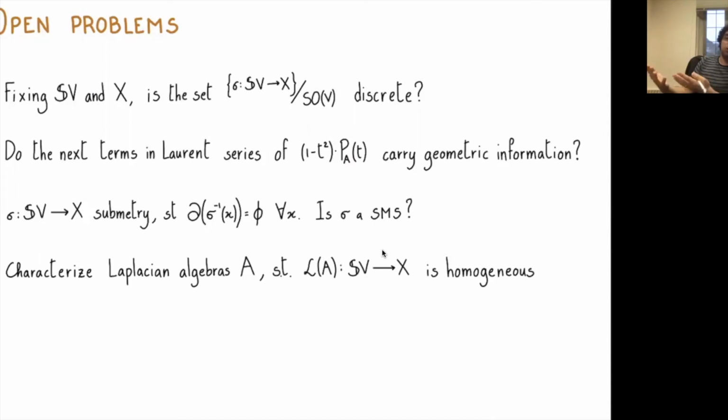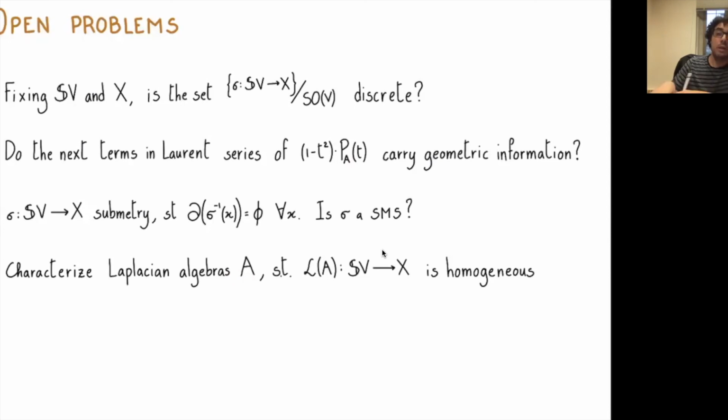Okay, so you're given a polynomial algebra. Is this the algebra of invariant polynomials for some representation? It is not known. If there was a nice criterion to determine when a Laplacian algebra is coming from a homogeneous manifold symmetry, this really would help a lot.